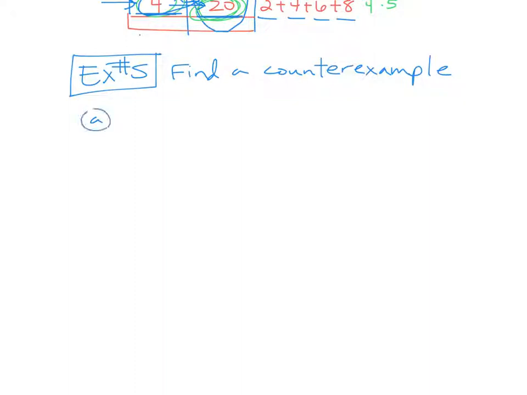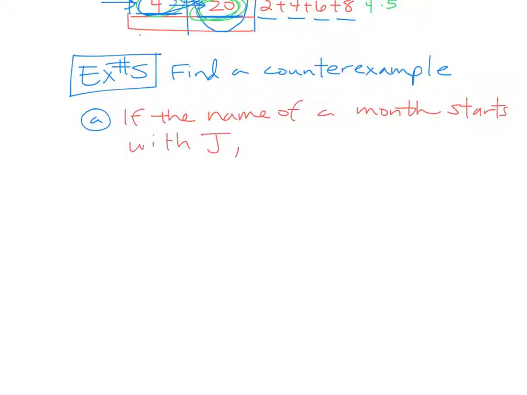So for this first one, if I said, if the name of a month starts with J, it's a summer month.